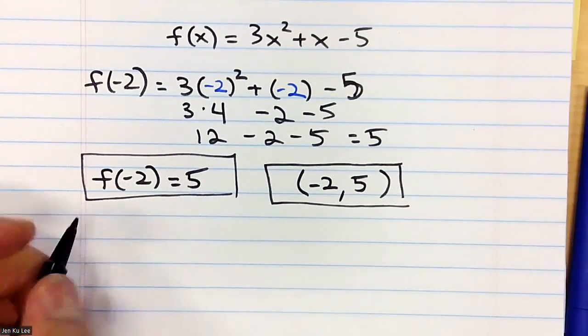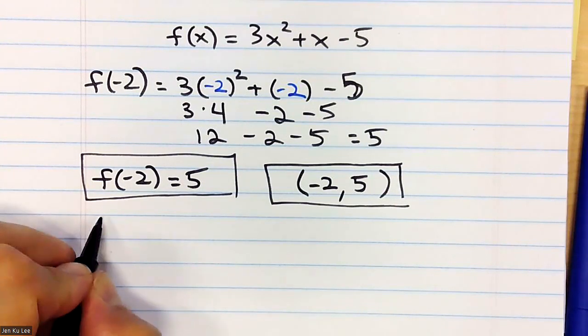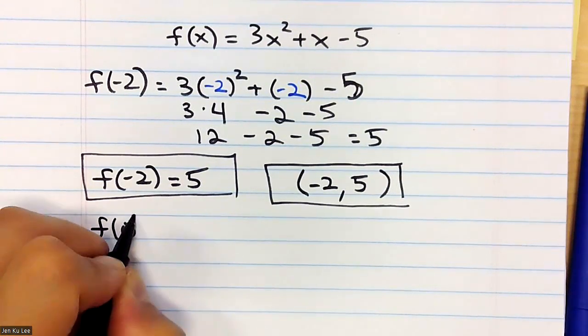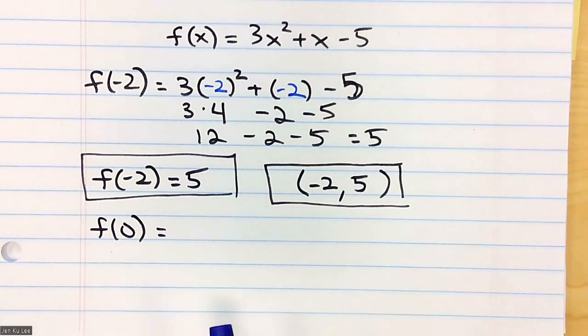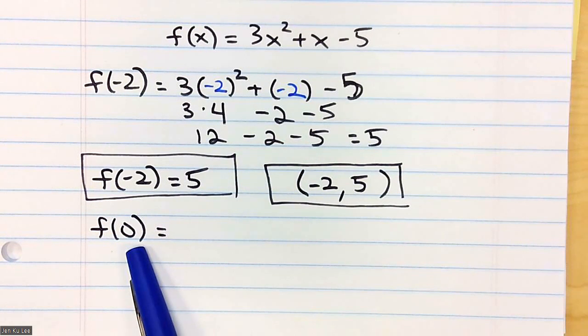So just moving forward a little bit, another example. What if I want to get f of 0? All the x's go to zeros, right? But before we do this, can anyone tell me graphically what f of 0 would be?